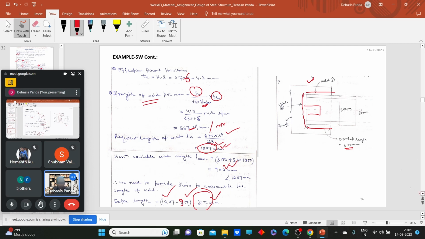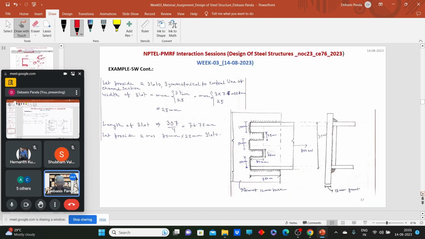Now let's provide the slots. For the slots we have a specification for the width. The minimum width of the slot should be the maximum of 3t or 25 mm, where t is the thickness of the thinner plate. What is the thickness of the thinner plate here? It is 7.6 mm. So 25 mm. Let's provide 25 mm slots.